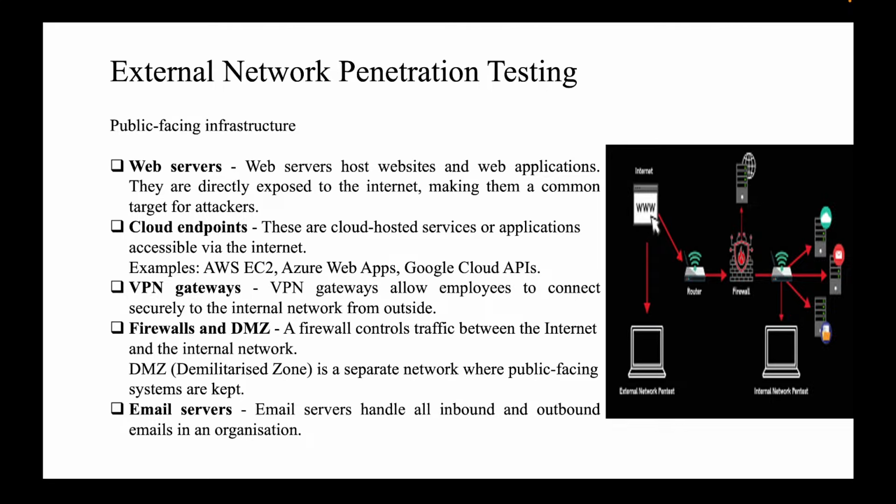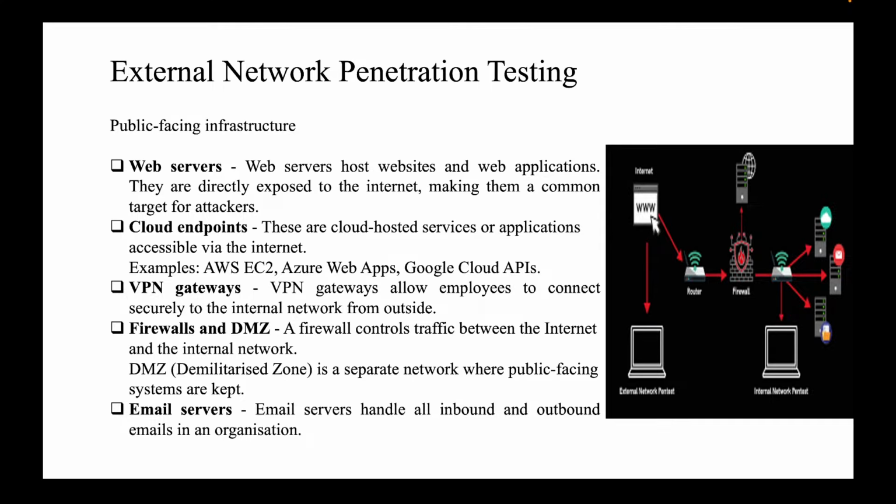Firewalls and DMZ. DMZ is the demilitarized zone. The firewall, as we all know, filters what is allowed in and out of the network. A DMZ is like a safe middle area where the public-facing systems like websites are kept separate from the internal network.